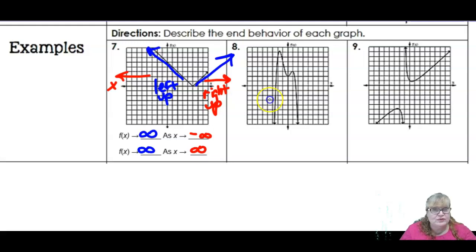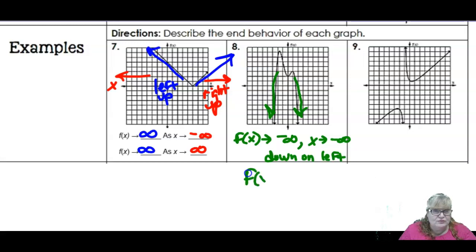All right, so this one, the left end is pointing down and the right end is pointing down. So we say the value of the function approaches negative infinity, or down, as x approaches negative infinity. That sentence means it's down on the left.